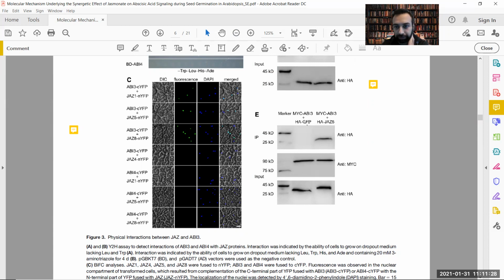And here you can see that the molecular weight of GFP is lower than the molecular weight of JAS5. What I don't understand here is whether this band represents only the JAS5 molecular weight, or both proteins together. I don't know this.